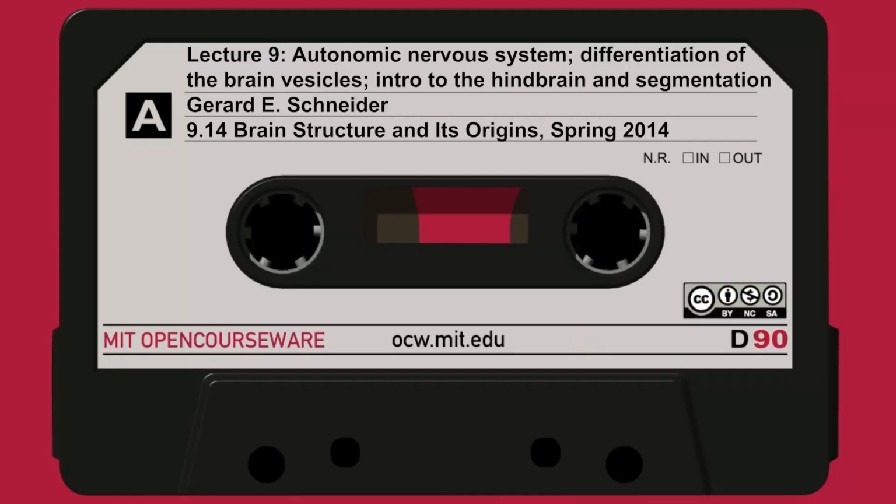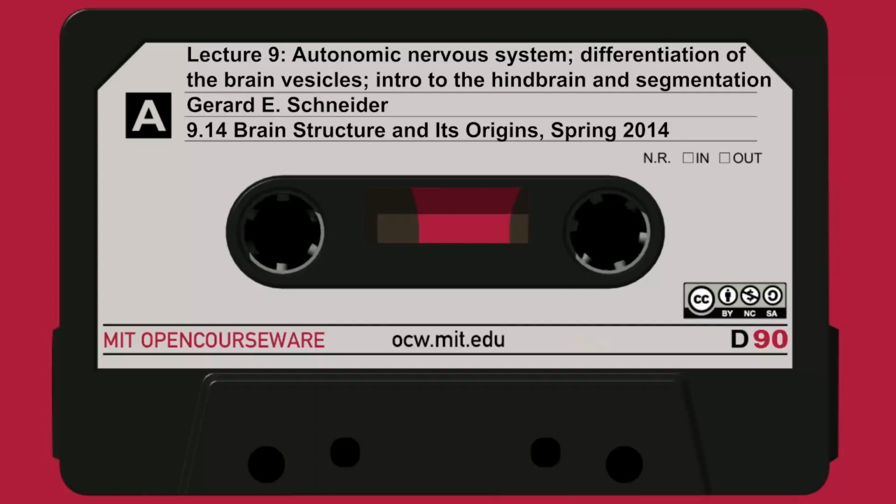Okay, and then when it gets to the fourth ventricle, which is much bigger, remember the fourth ventricle widens out. There are little openings to the outside, lateral apertures and one midline aperture.